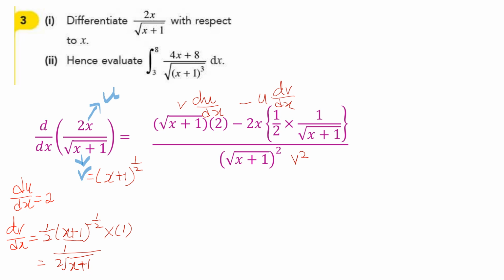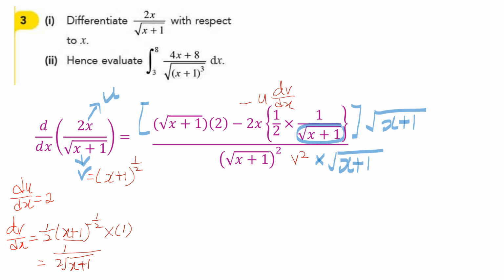Okay, so the next thing I'm going to do is multiply the numerator with this one here, so as to get rid of my fraction.